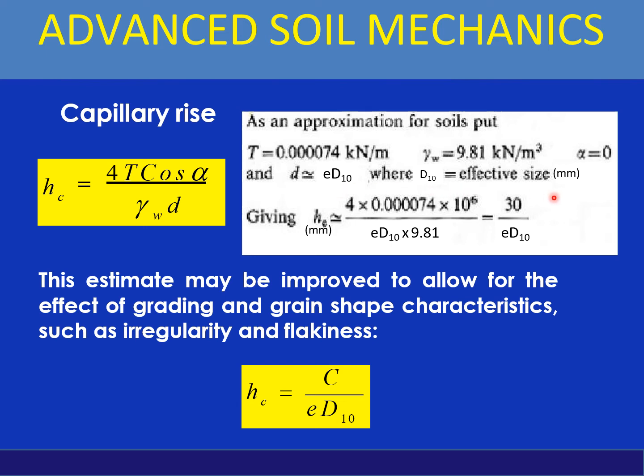When you plug in all these values, you get this formula: 30 times e over d10. This estimate may be improved to allow for the effect of grading and grain shape characteristics such as irregularity and flakiness. So you can write this formula in a general term, C over e over d10.